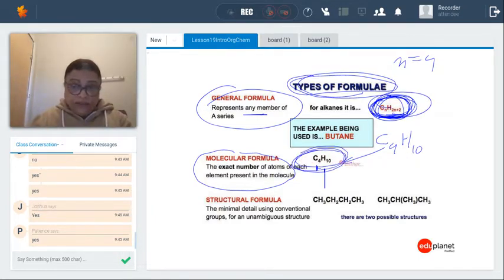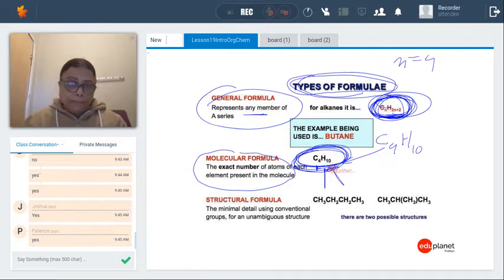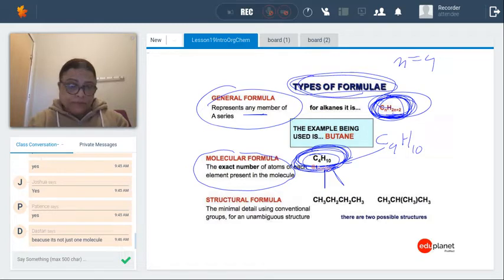This represents a situation where you have 4 carbons, 10 hydrogens. Why didn't I say one molecule? Why didn't I say one member?